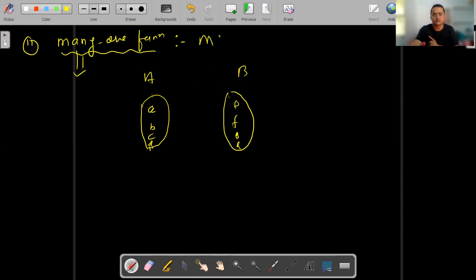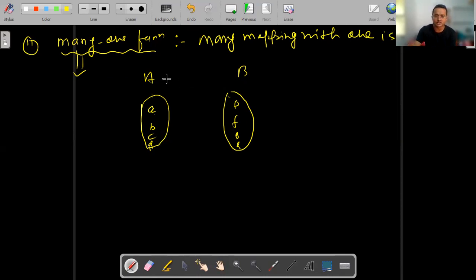Let me write here. Many mapping with one is called many-one function.